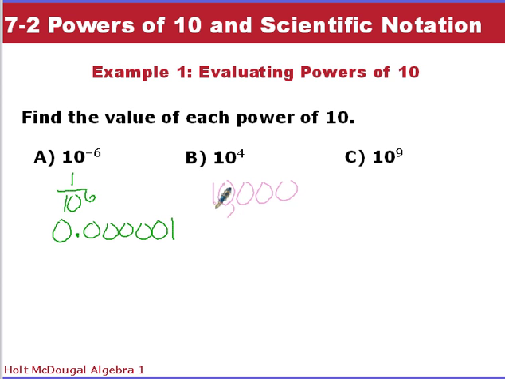So we'd start at 1, move 1, 2, 3, 4. The decimal ends up here. 10 to the ninth is going to be a 1 with 9 zeros. 1, 2, 3, 4, 5, 6, 7, 8, 9. So putting our commas in there. We'd start here, 1, 2, 3, 4, 5, 6, 7, 8, and the decimal would end up right there. So you can always go back and make sure, is your decimal in the right place?